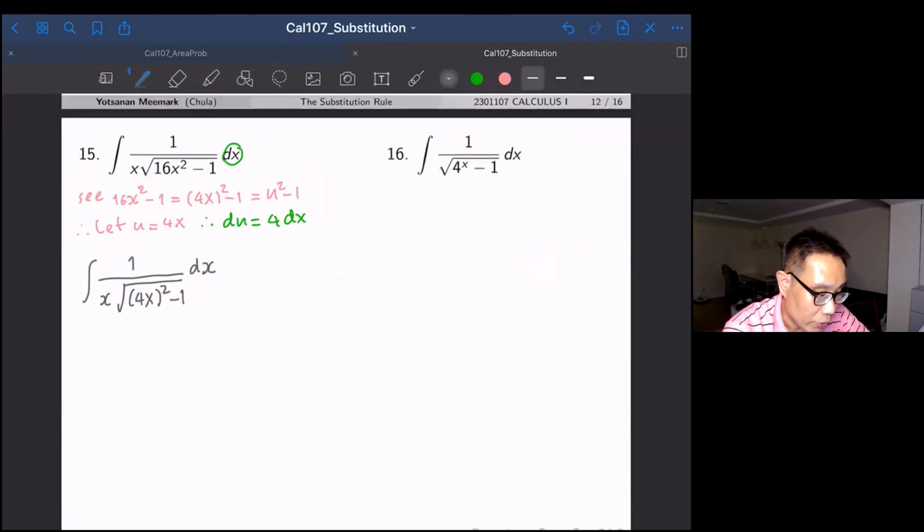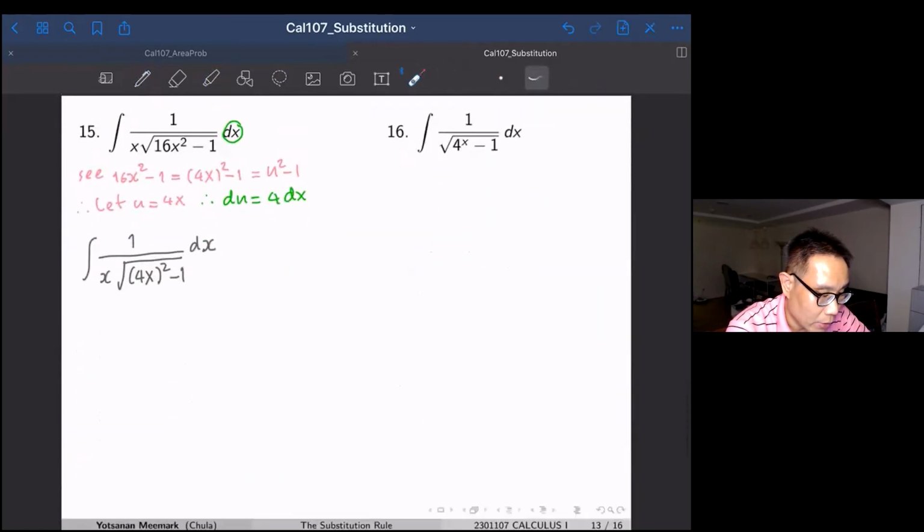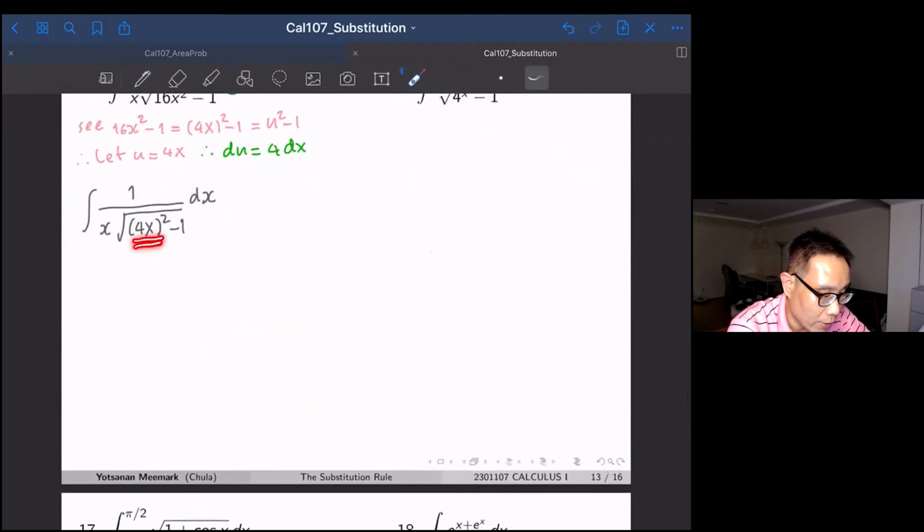But you see the formula has u and u squared, but you have only u squared. For this one, it's not u and u squared yet. u equals 4x, so you get 4x.